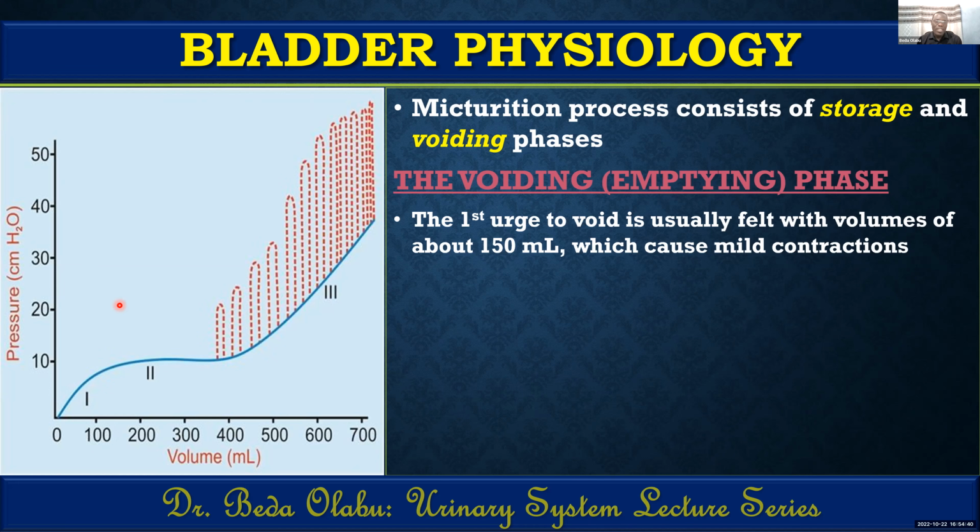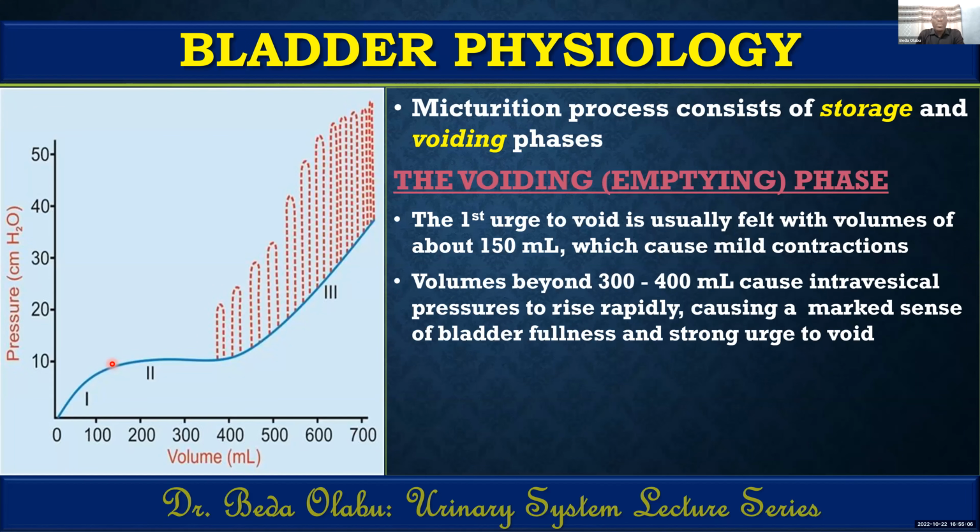Those reflex mild contractions can actually give the sensation of wanting to void. Of course, most people will ignore that one, and there's no big deal about that. Some people may respond to void at that point, but most people will avoid the first urge, they'll inhibit it.